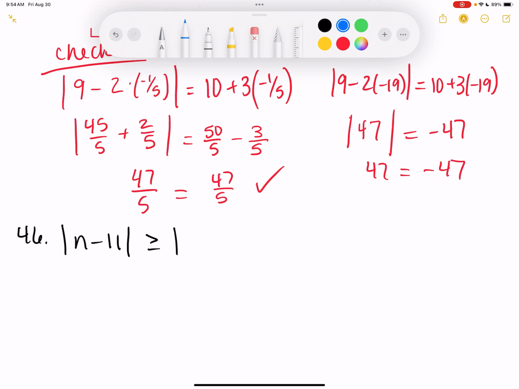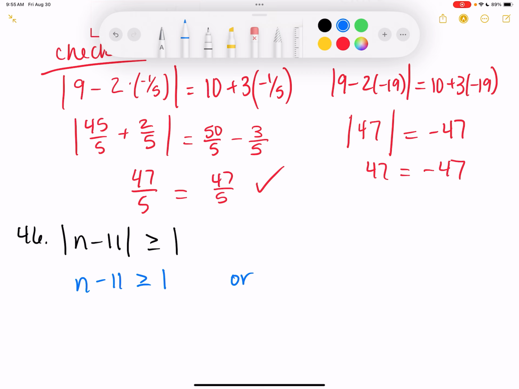We still copy it down exactly just like if it was an equality. So n minus 11 is greater than or equal to 1. Or the other option, the stuff on the right side that's not in the absolute value is going to change the sign.